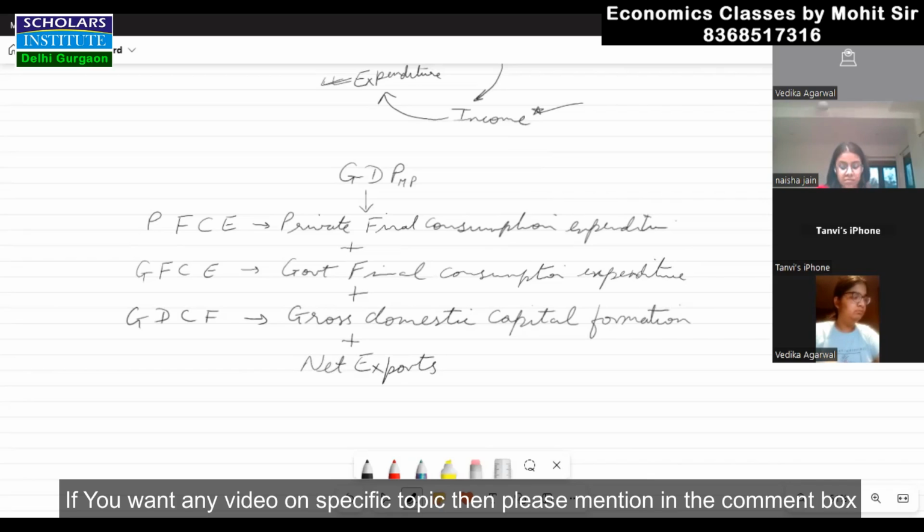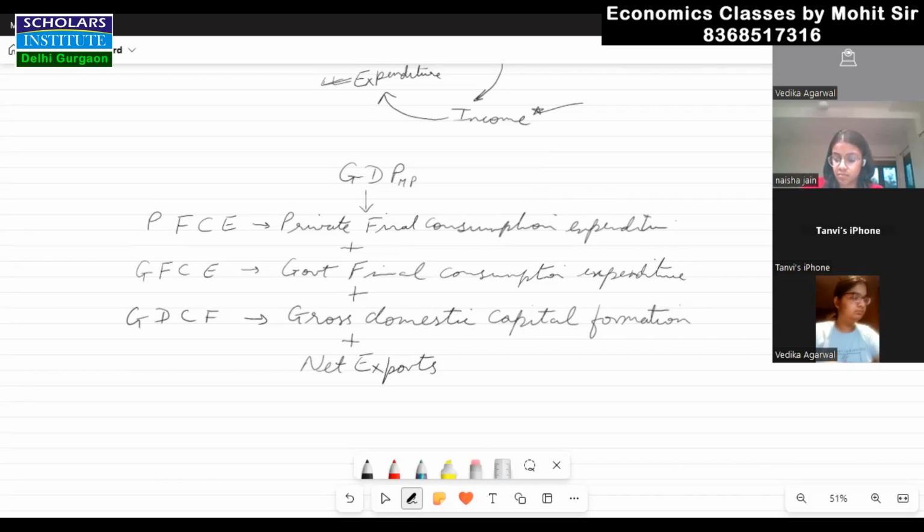These are the four things. Net export is X minus M. X stands for exports and M stands for imports.